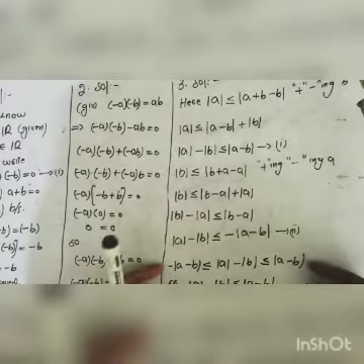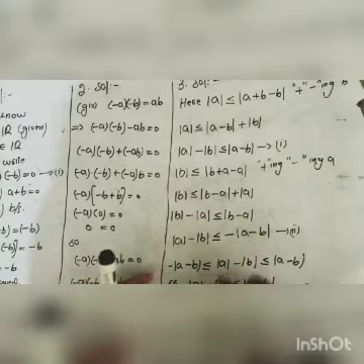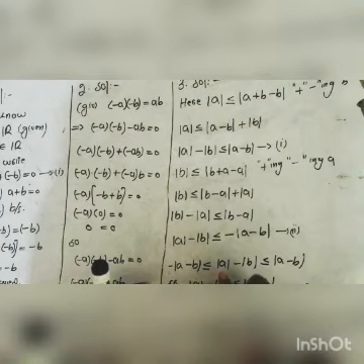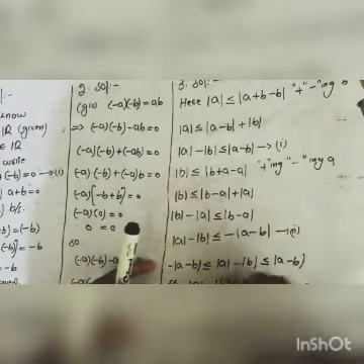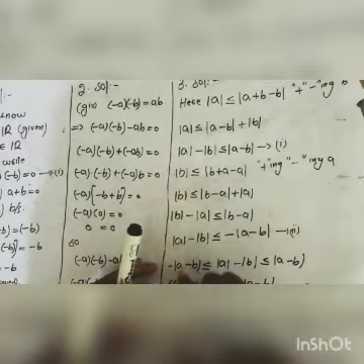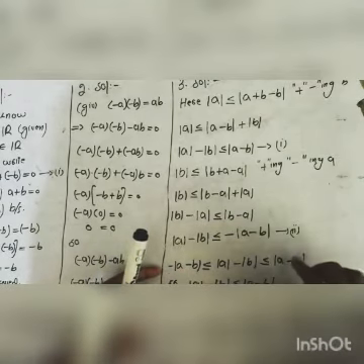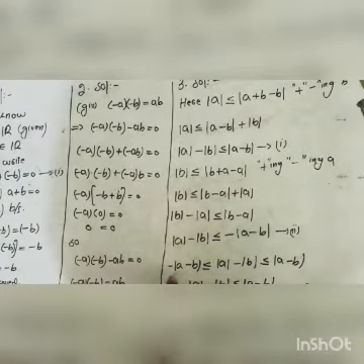When we open the absolute value of A - B, it gets two values: a negative value and a positive value. So this value is greater than this value, and this value is less than this value. This is a positive value and this is a negative value.